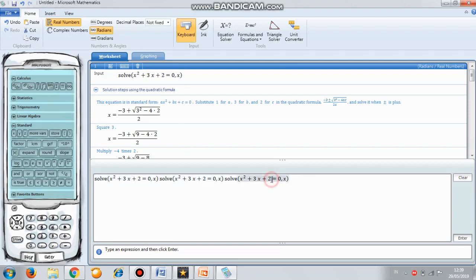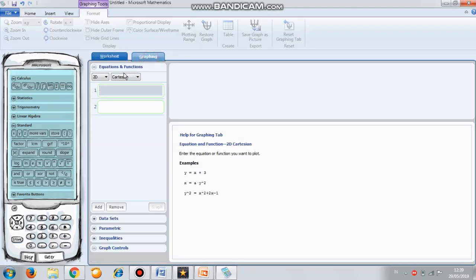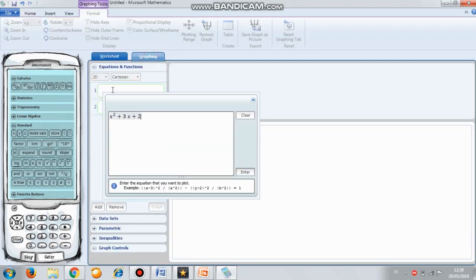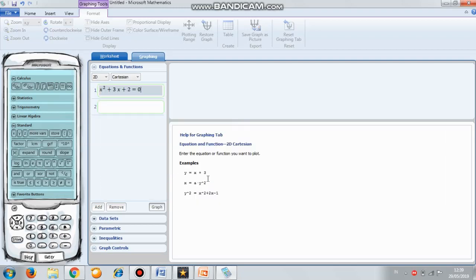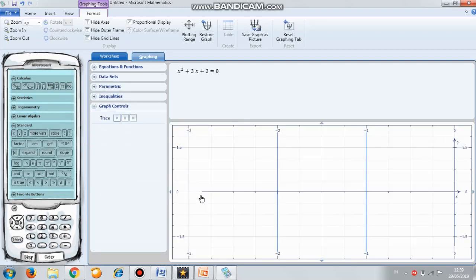We can also graph the quadratic equation x squared plus 3x plus 2 equal to 0, and then enter. Then we can see the graph. So it will display like this. Let's zoom out.